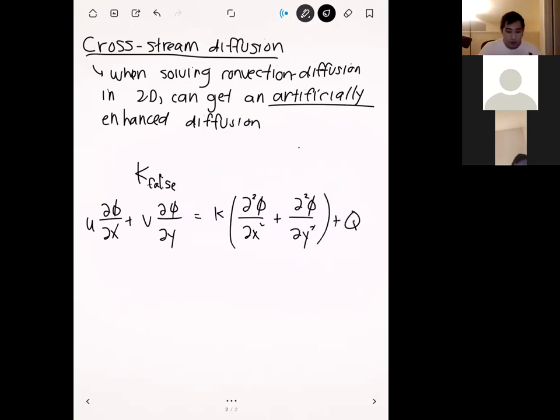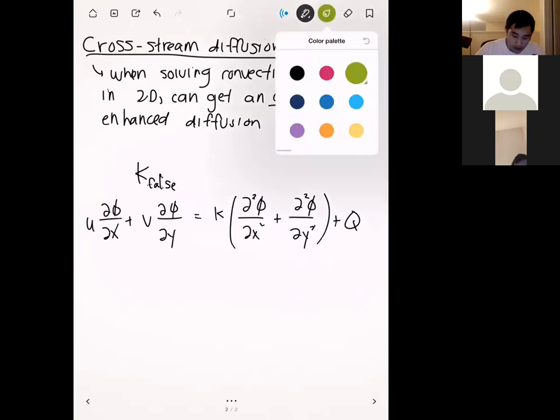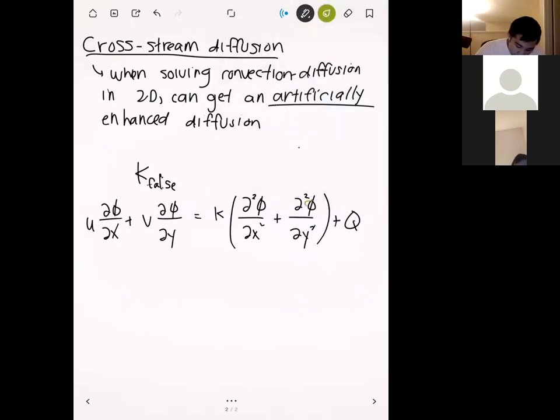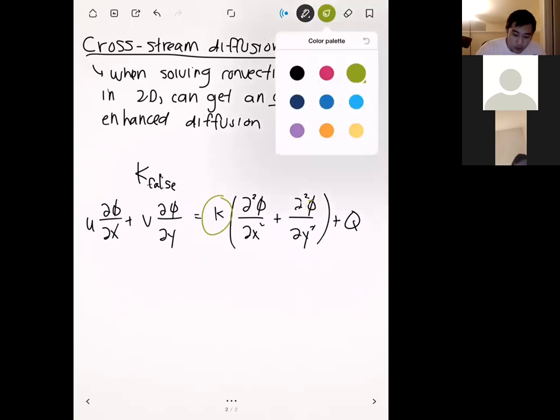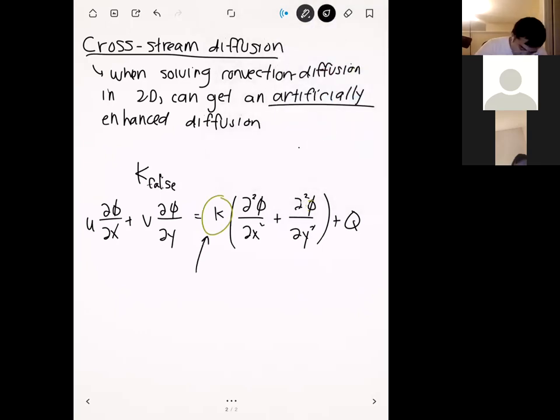Here's our original convection diffusion equation, and you can see that we have this parameter K right here. Remember, that was our diffusion coefficient, and it tells you how strong diffusion is in this problem.